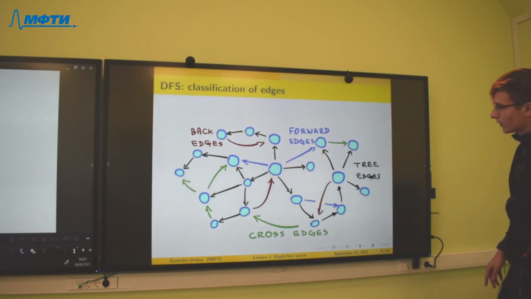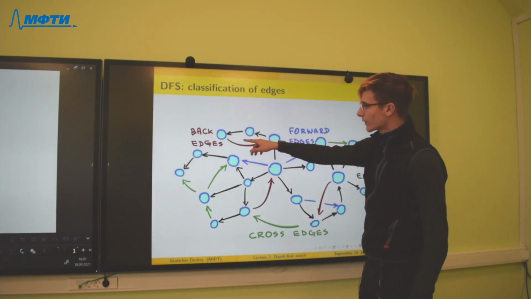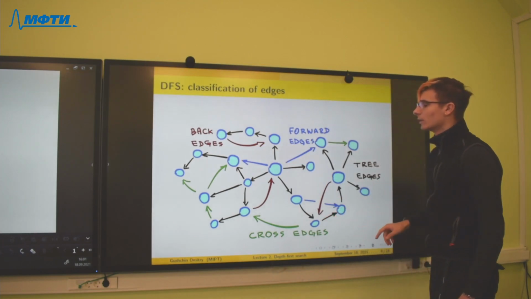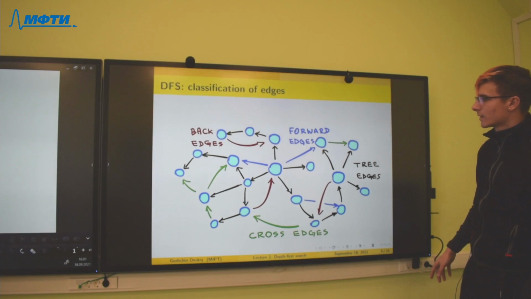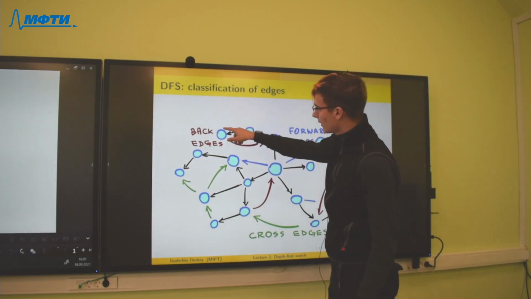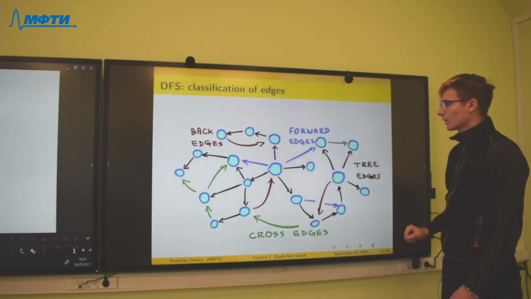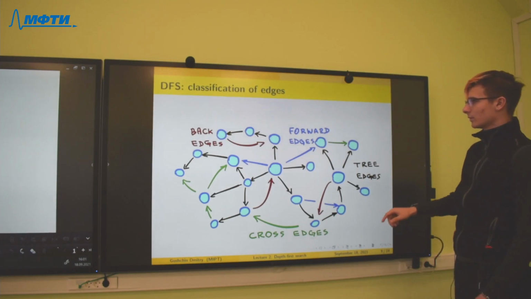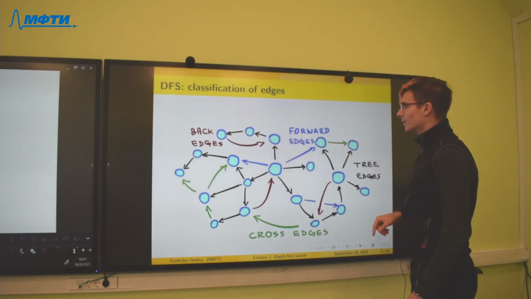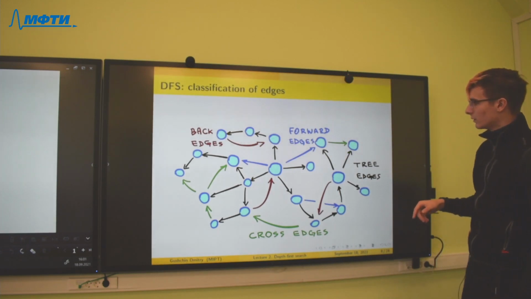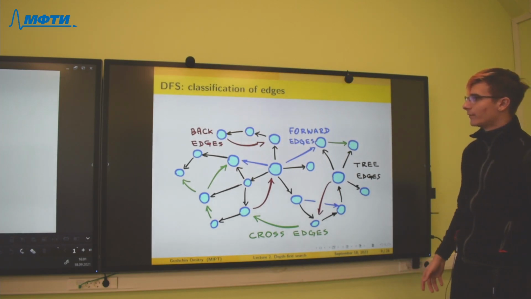For example, red edges are named back edges, which have a start point in vertex A and an end point in a vertex that is an ancestor of vertex A.